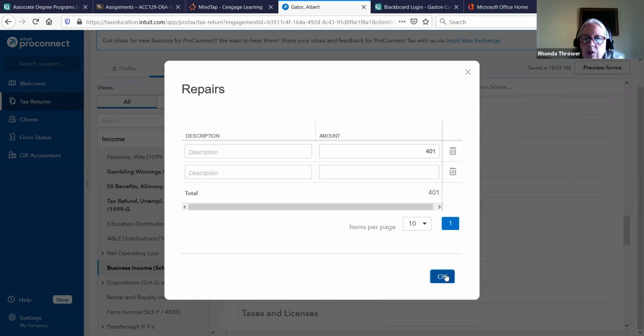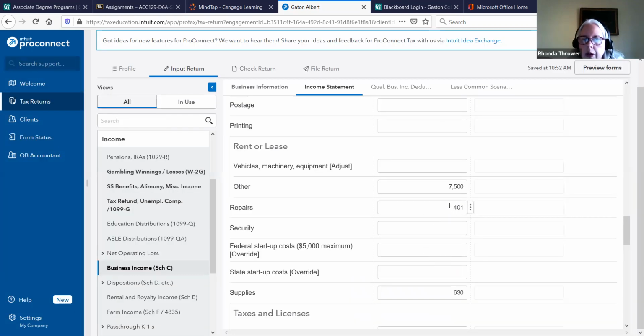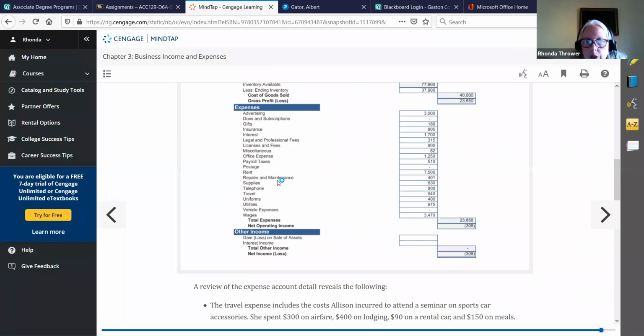But they didn't really give us that kind of information. But all that would back up to the repairs for this particular company. So our repairs were 401.